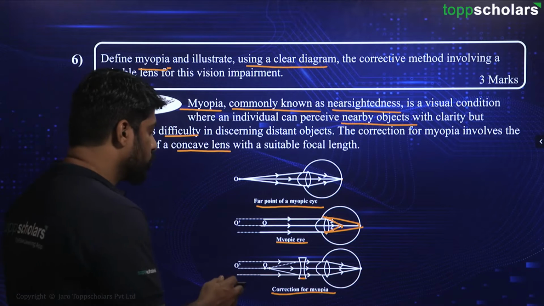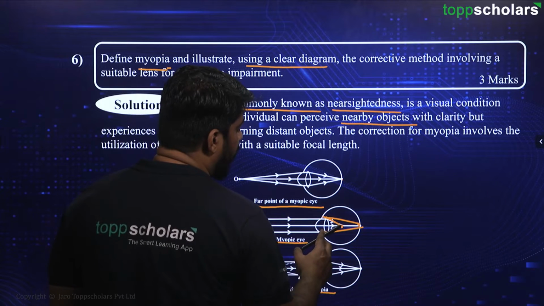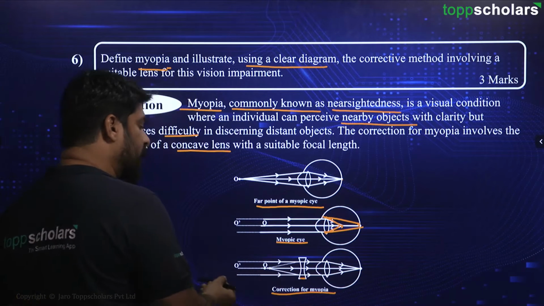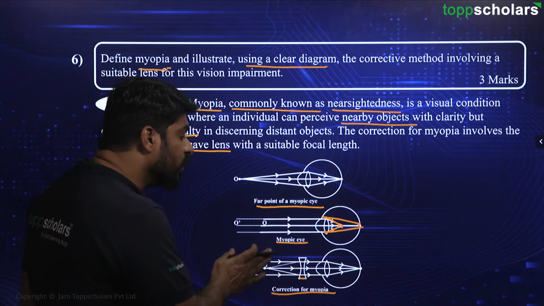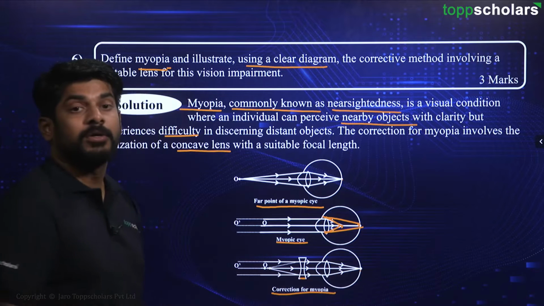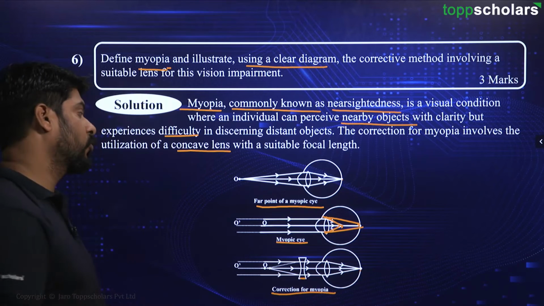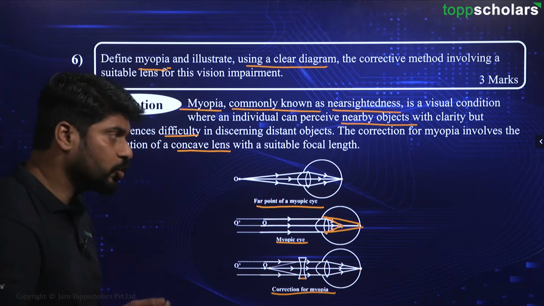So by using a concave lens, now we can see the far point has again shifted to infinity. That means now this person will be able to focus at objects which are very, very far from him. So in this way, this kind of problem can be solved.